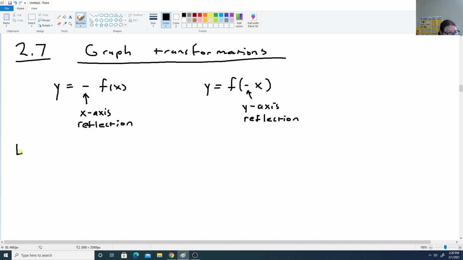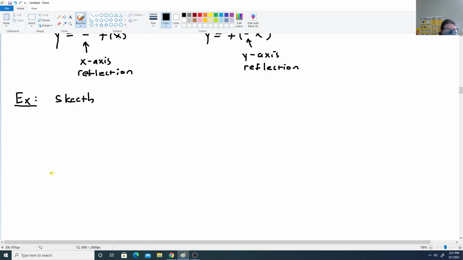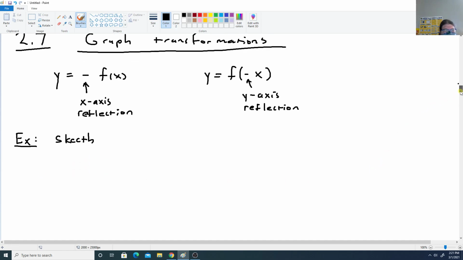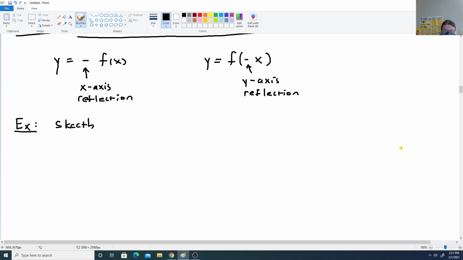And so we'll do a quick example where we want to sketch some of the functions with reflections only. We're going to do only reflections, then only stretches and shrinks, then only shifts, and then we're going to put them all together where we're doing multiple things. Oops, I got the T and the C backwards.